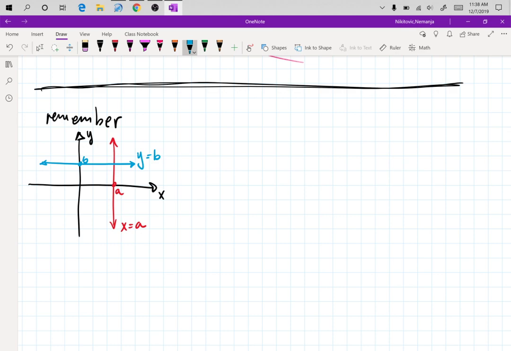And if you look at the red one, it has equation x equals a number. And because x equals a number, it doesn't at all mention y in it. And y takes on all of the values. This is going to be very important for you for Calc 3, because you will understand that if one of the variables doesn't show up in your equation out of x, y, and z, that means that in that axis, the object is going to be infinite. So we'll talk about that in Calc 3 eventually.